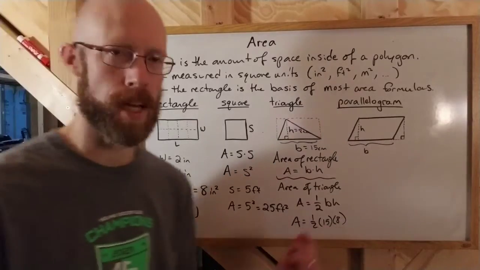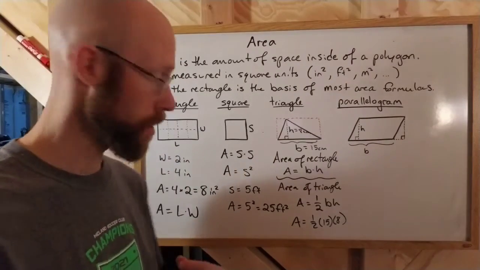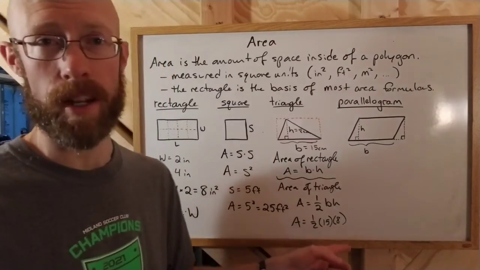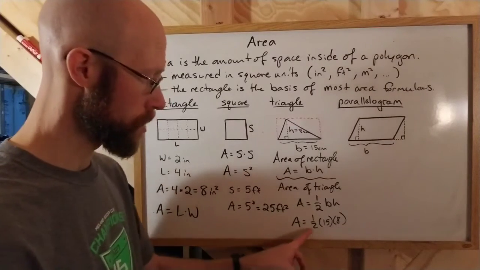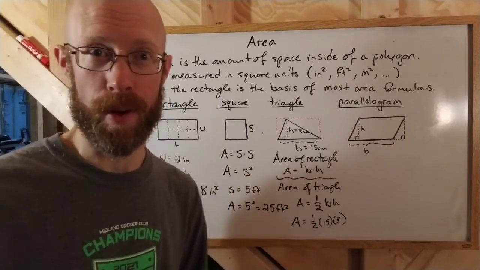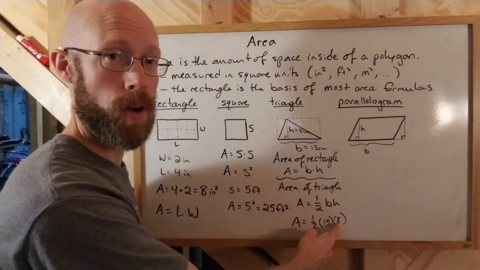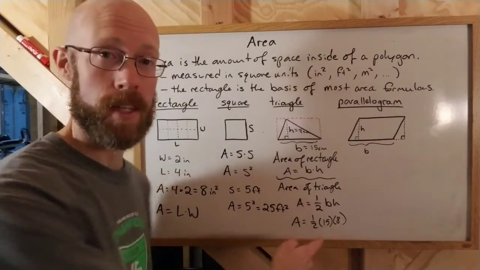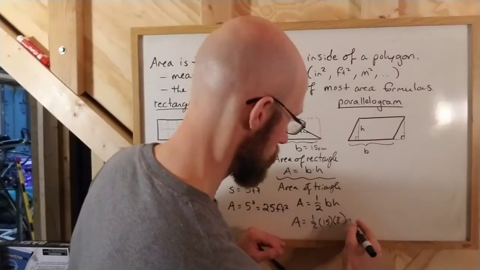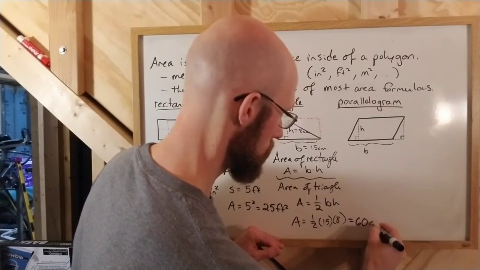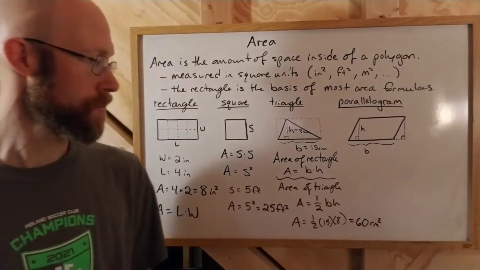I could do these in any order, actually, right? I like to do the half times any even number if there is one. Makes life a little bit easier. So 1/2 times 8 is 4, and 4 times 15 is 60. So that's 60 square centimeters for that area.